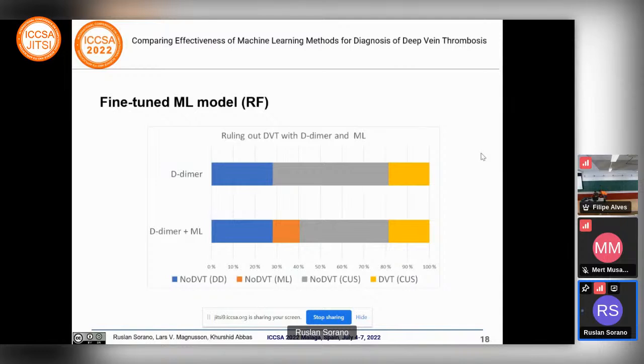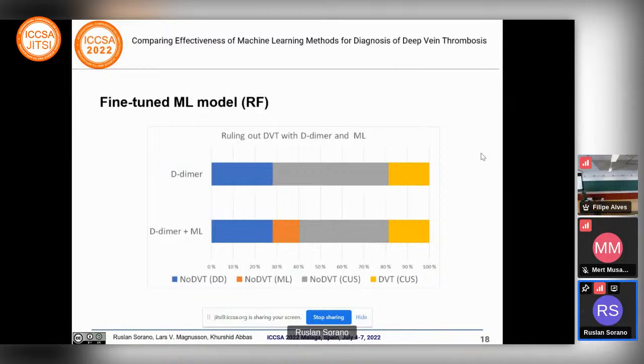Our final fine-tuned machine learning model is actually a combination of the traditional D-dimer ruling out system and a machine learning approach. So if we only use a D-dimer, the normal procedure is that the D-dimer test has a cutoff value of 0.5.